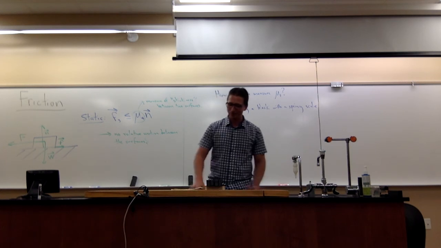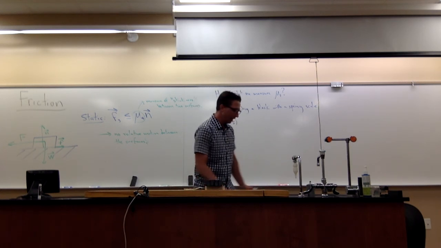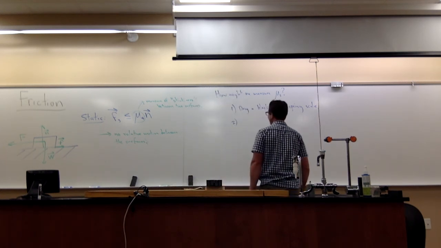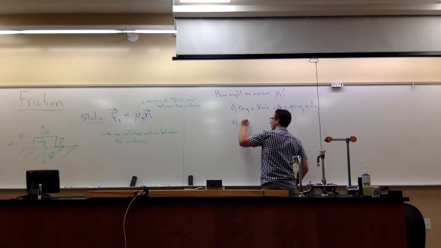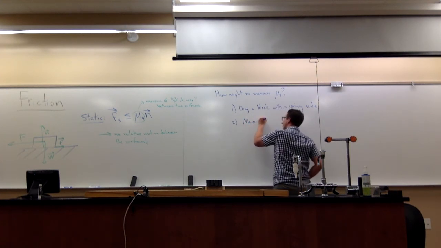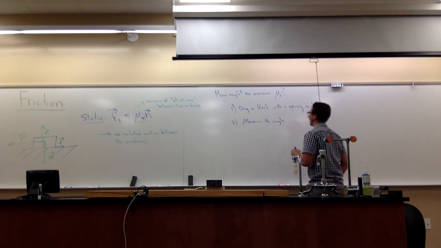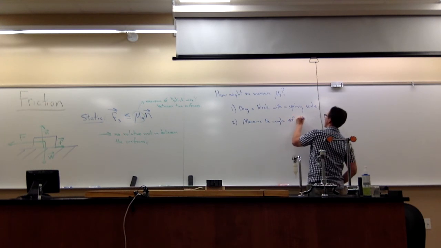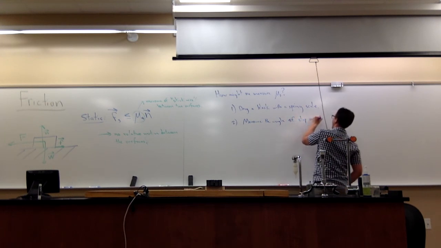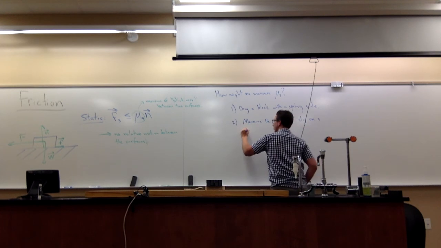Another way to measure mu s is to measure the angle at which a block slips on an incline. I'll call this the angle of slip on a tilted plane.